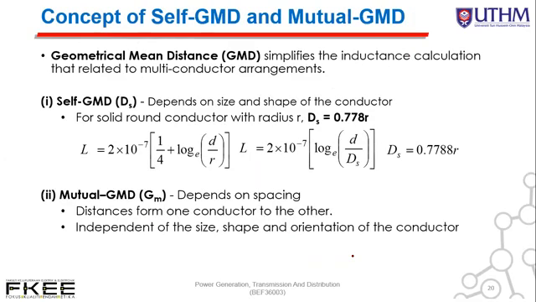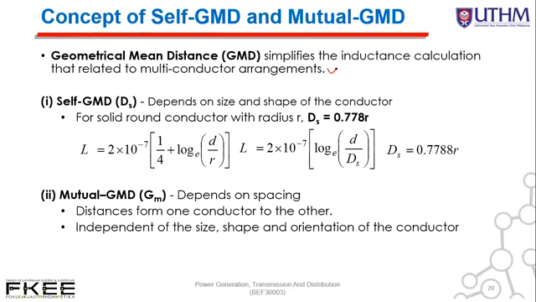Now we look at the concept of self-GMD and mutual GMD. GMD is geometrical mean distance. It simplifies the inductance calculation related to multi-conductor arrangements.